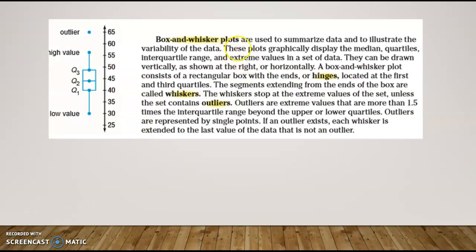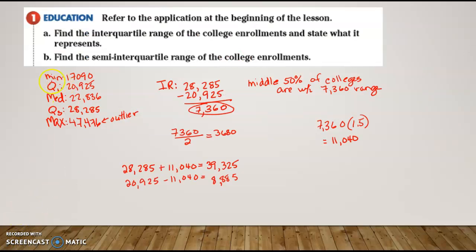All right, box and whisker plots are used to summarize data. Usually you will put in your max before the outliers when you're graphing.